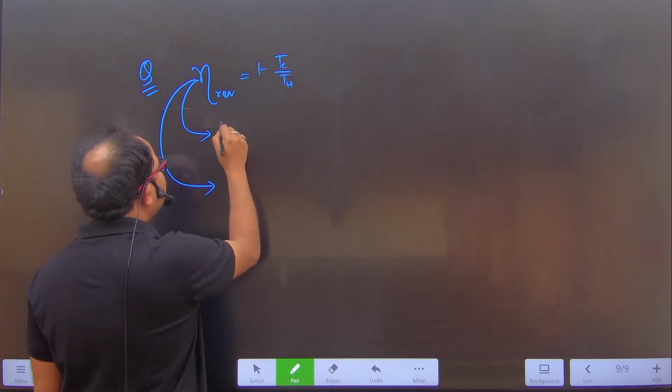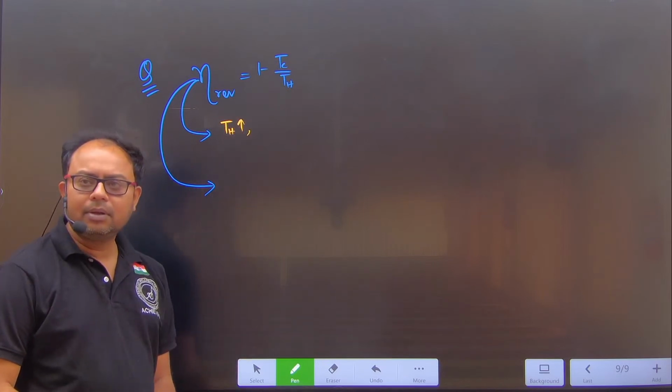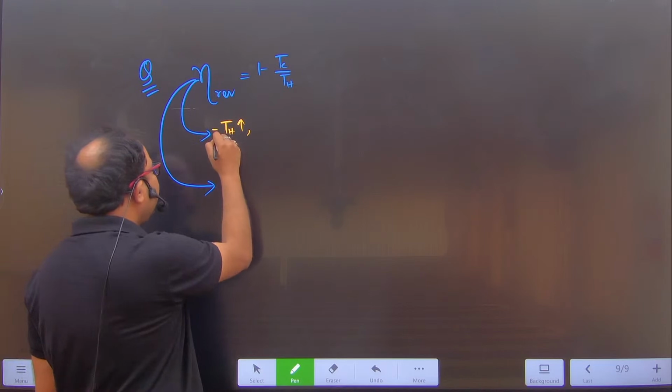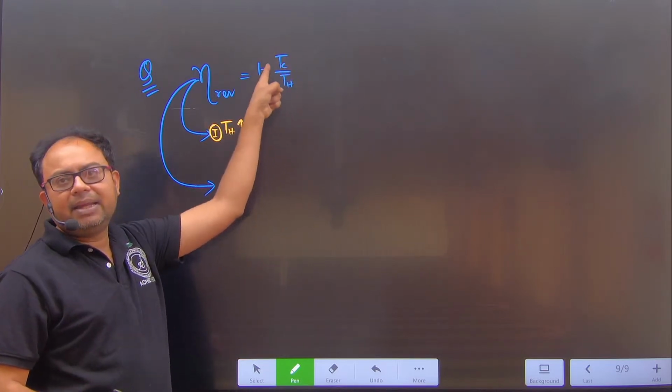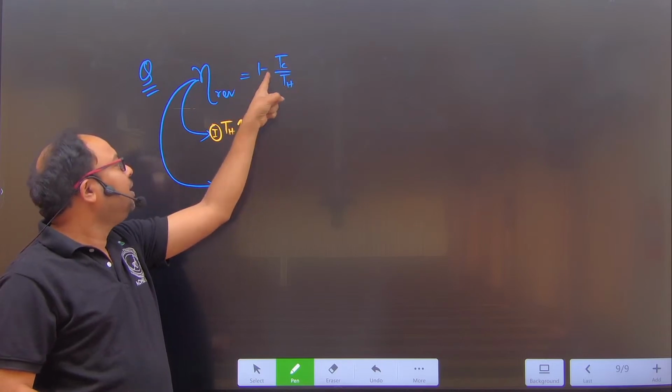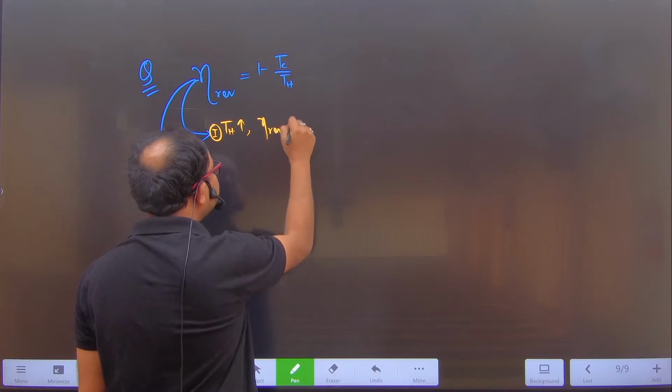Number one, if you increase Th, then Tc by Th will decrease, and there is a negative sign in front, so eta reversible will increase.